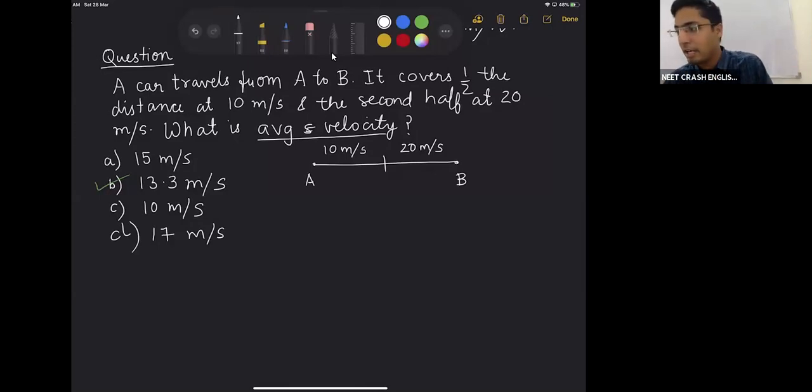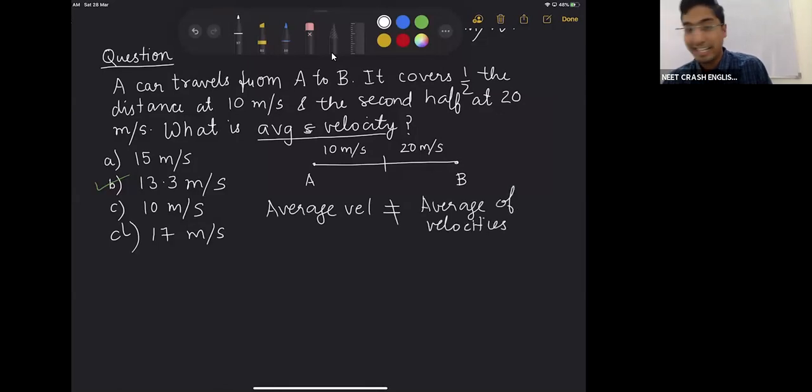Average velocity is not the average of the velocities. You don't do 10 plus 20 upon 2. If you do, you will get 15 meters per second, which is the wrong answer.